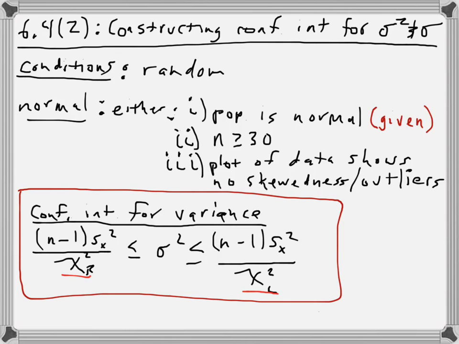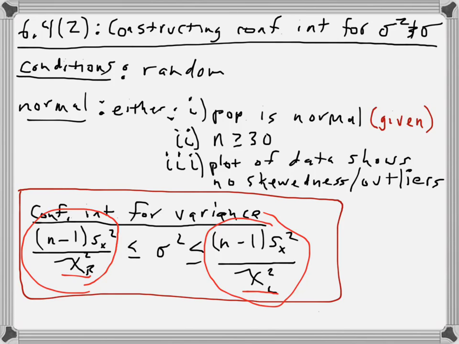So your lower value, you can consider this number here the lower part of the confidence interval, is going to be n minus 1 times s sub x squared over the critical value of chi-squared on the right. Then your upper value is going to be n minus 1 times this variance, that's s sub x squared from your sample, divided by the left critical value.